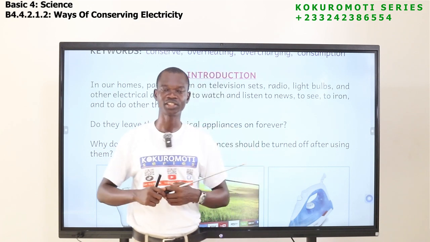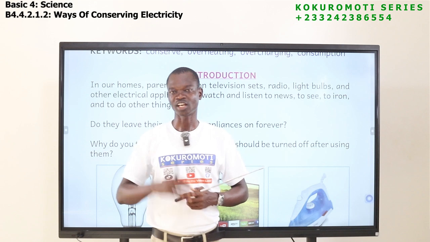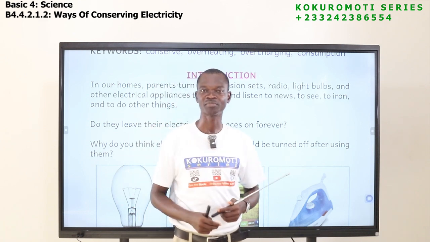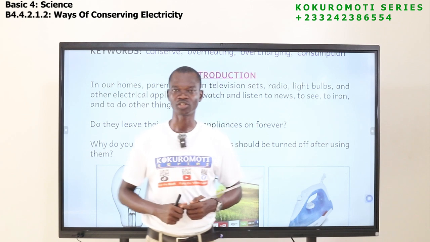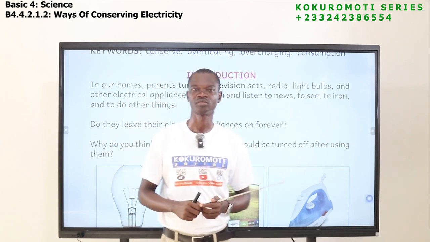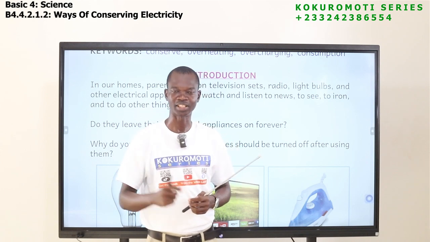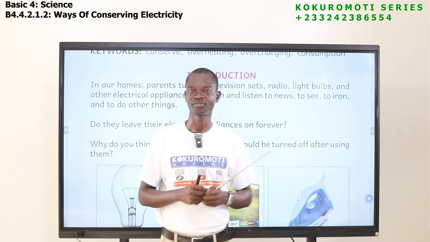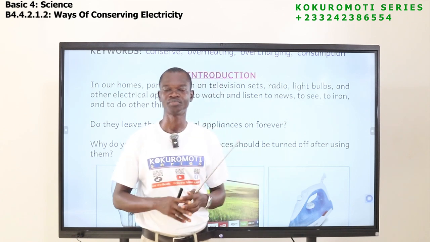And if there is electricity, how do they use these things? You should know that anytime they turn on the bulb, anytime they turn the television on, anytime they use the blender or the iron, they pay for the energy that they get for the iron, for the blender, for the bulb.